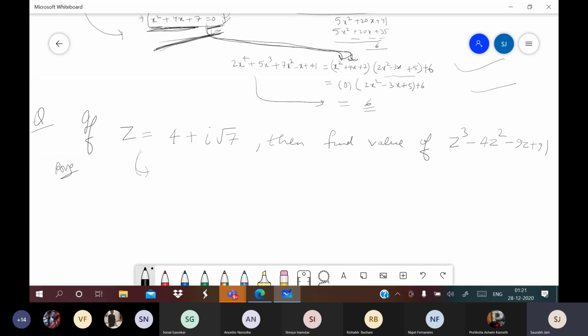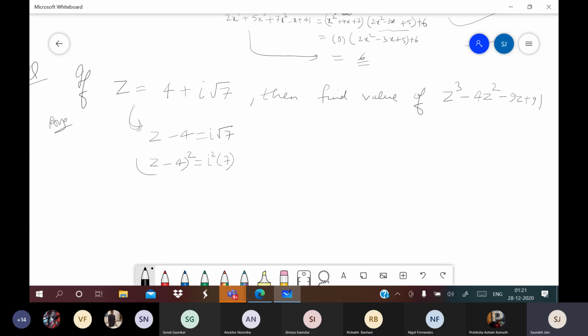See, first thing that we need to do is shift 4 to the left hand side. Okay. Square both sides. We have to make this free from iota, then use the values. This z square minus 8z plus 16, right? This is -7.